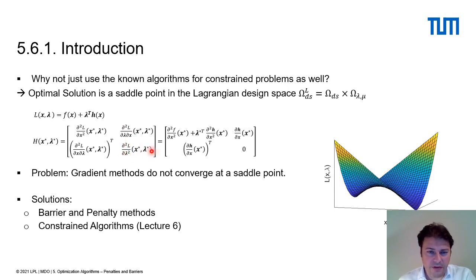And it's easy to see that these derivatives here would vanish. And if you have a symmetric matrix like this with 0 diagonal entries, then you will have, in general, at least one positive eigenvalue and at least one negative eigenvalue.